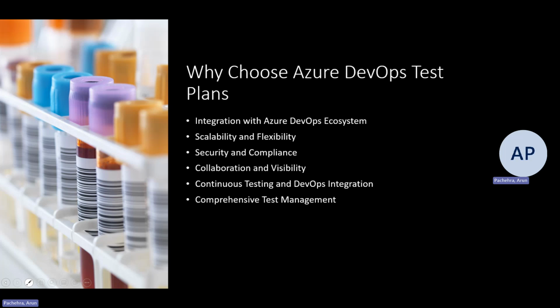And finally, it offers a complete solution for test planning, execution, tracking, and reporting, reducing the need for multiple disparate tools. So let's conclude by saying test plans stand out for their deep integration with the Azure DevOps ecosystem, scalability, and comprehensive feature set, supporting both manual and automated testing.